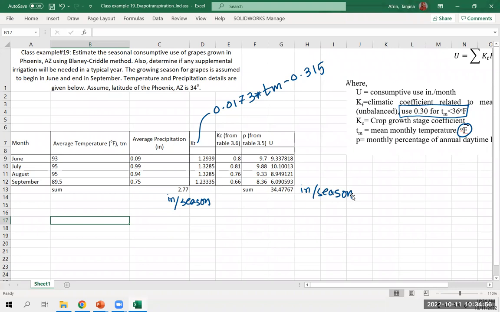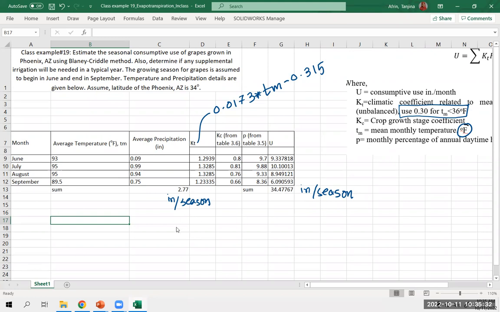Now you tell me, do we need supplemental irrigation for this plant? Because the consumptive use is way higher than the natural precipitation, right? Because the natural precipitation is 2.77, but they need 34.47. It is almost 17 times higher than the natural precipitation, right?